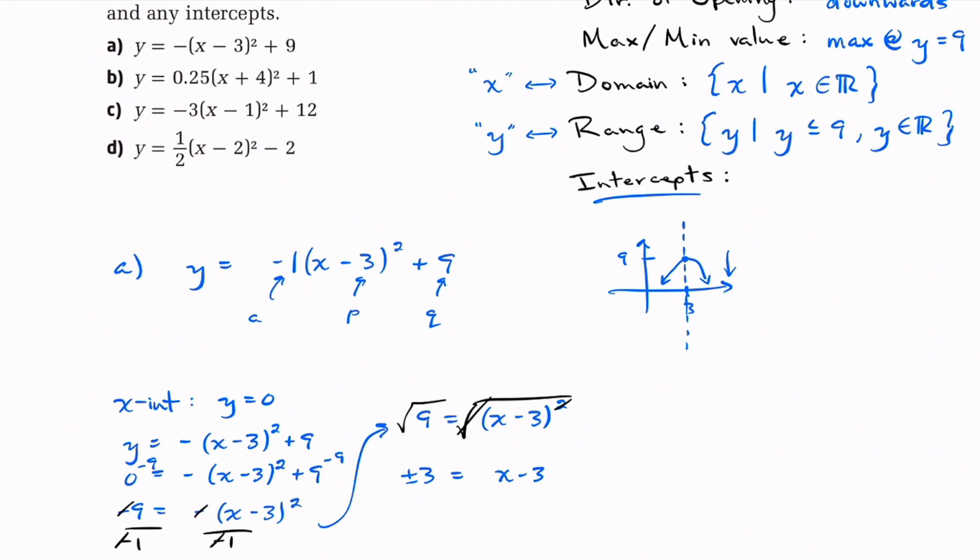And then solving this, we're going to do one where it's a positive and one where it's a negative. So I'm going to kind of break this apart. I'm going to do one where it is a positive 3, and then one where it is a negative 3. And then in both of those, just add a 3 to both sides.